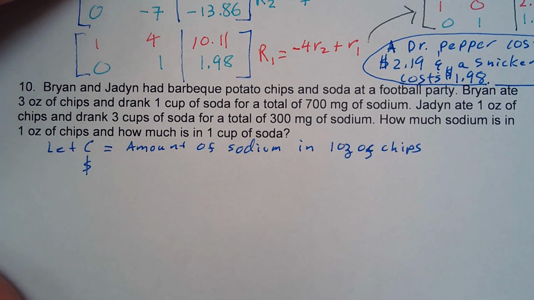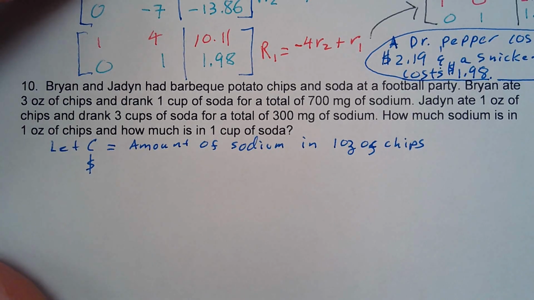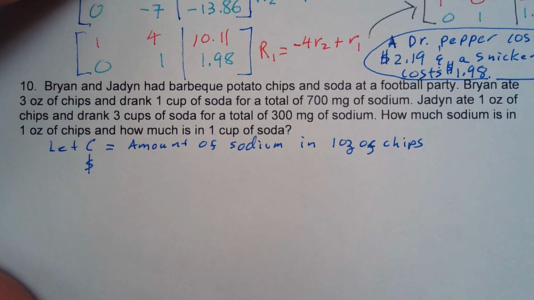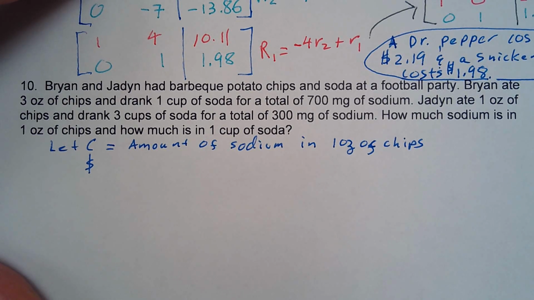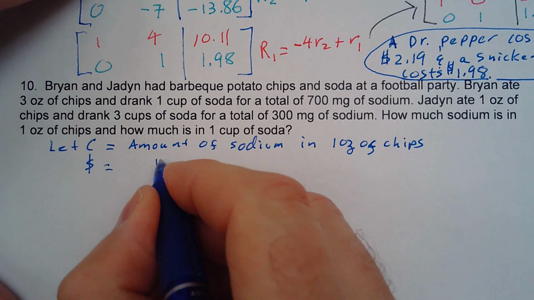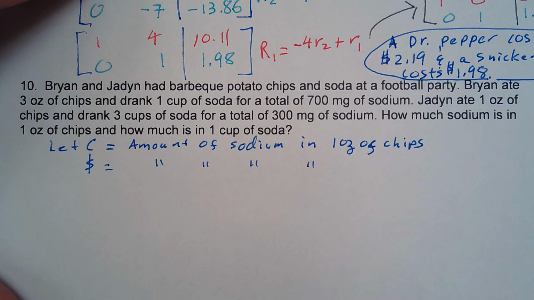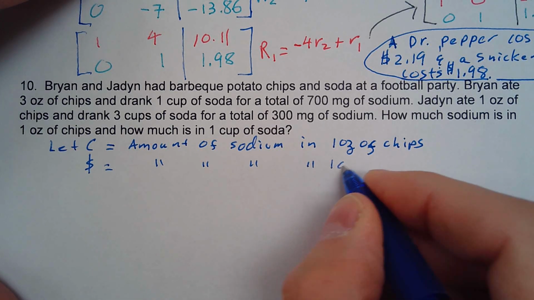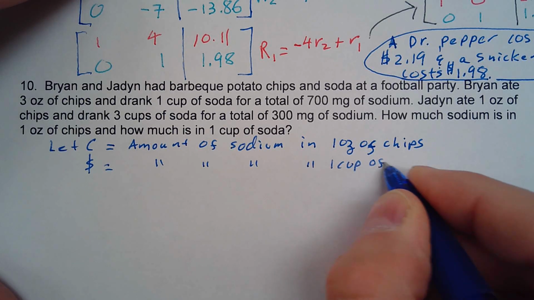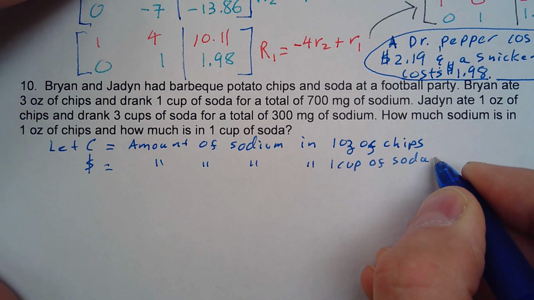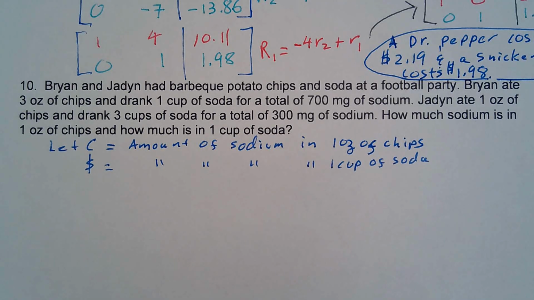Again, I'll put a line through it so it doesn't get confused with 5. Now, if you saw 2 lines, then we'd be talking about money. But since there's only 1 line, we're talking about the letter S. This would be the amount of sodium in 1 cup of soda. And I do that so when I get to the end and I find C, I know that goes with the chips. And when I get S, I know that goes with the soda. It just makes it a little bit easier.